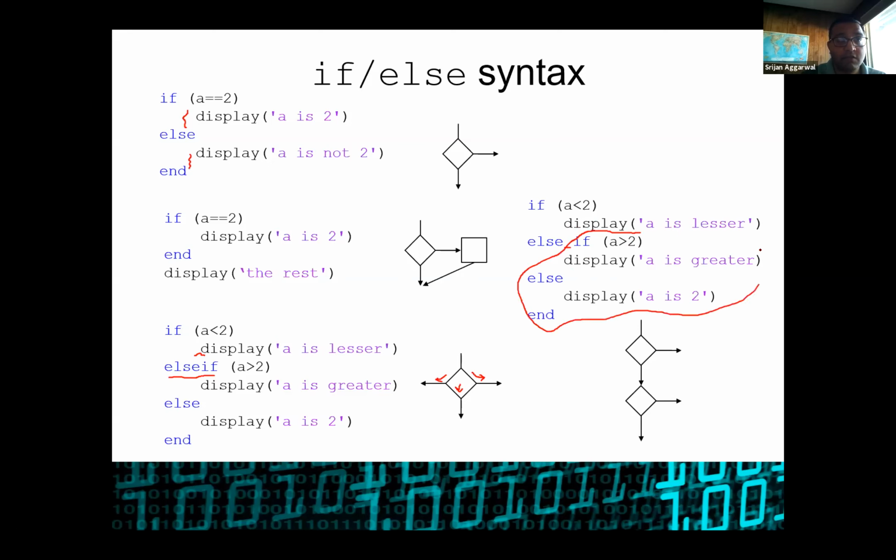So if A is not less than 2, then you go to this whole other loop, and this loop is if, else, end. But now when it does this if, this else, it does not find an end here. You need to write another end now. If you don't find an end here, it'll give me an error, right? In this case, you did not need another end because it's all one loop.